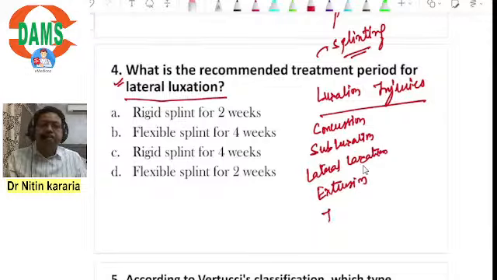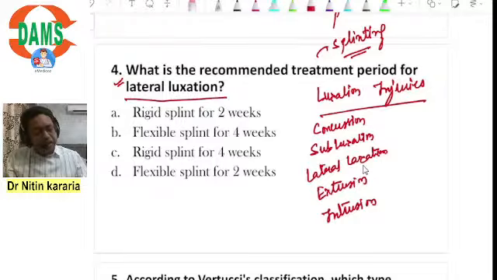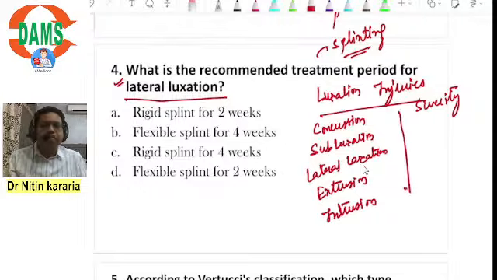These are the different types of luxation injuries. And if I talk about the severity of injury, the severity increases from concussion to intrusion. Intrusion is the most severe form of luxation injury, and concussion is the least severe form. Now the question is asking about lateral luxation in the splinting period.